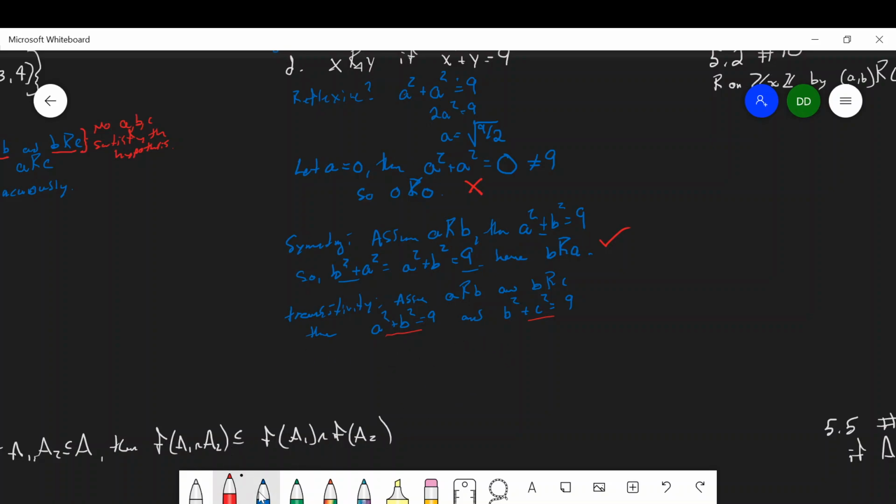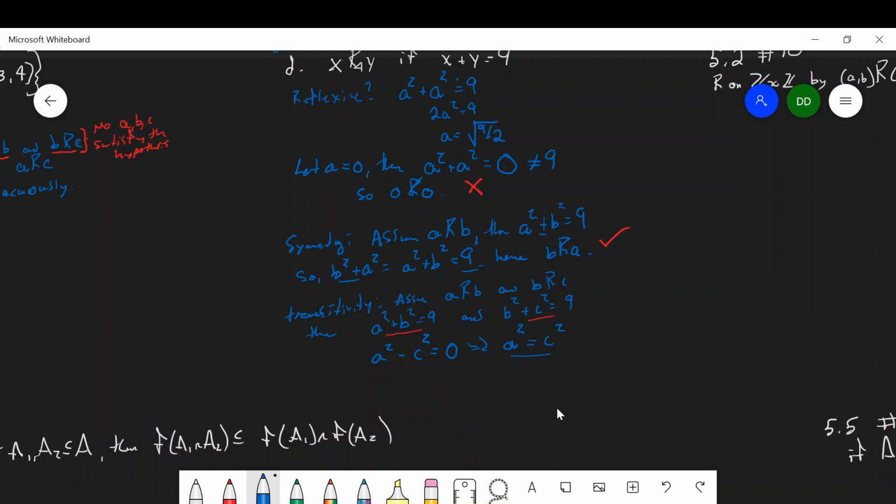But what happens if I do that? So a squared plus b squared equals 9. I'll subtract the two. I'll get a squared minus c squared equals 0 after subtracting those two equations. And what this would tell me is that a squared equals c squared. So if we have a related to b and b related to c, then it must follow that a squared is equal to c squared.